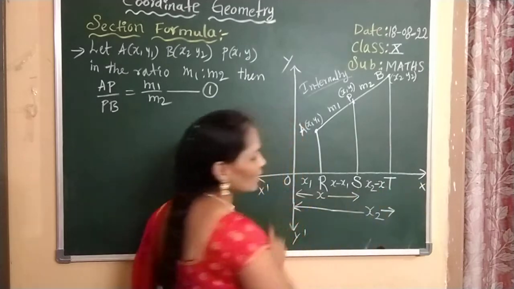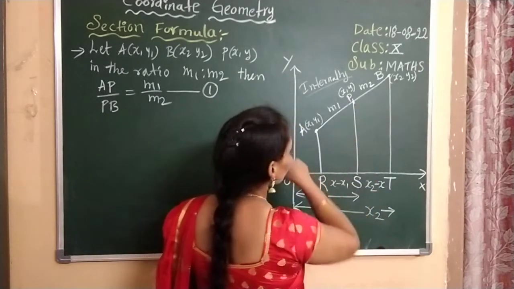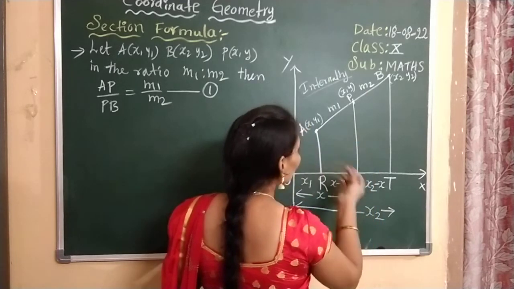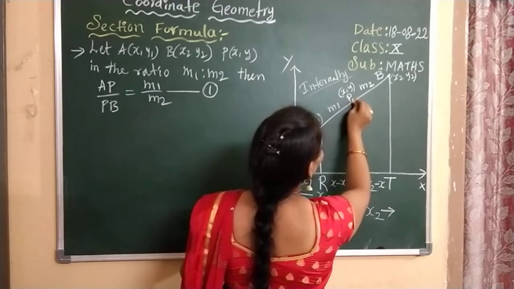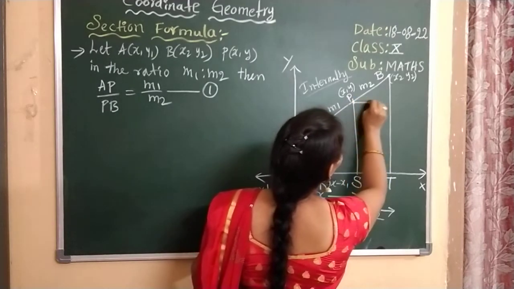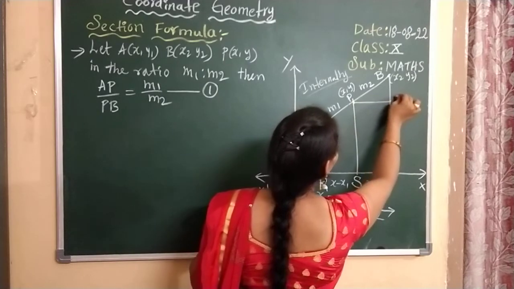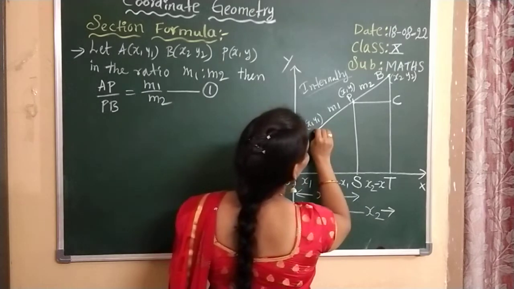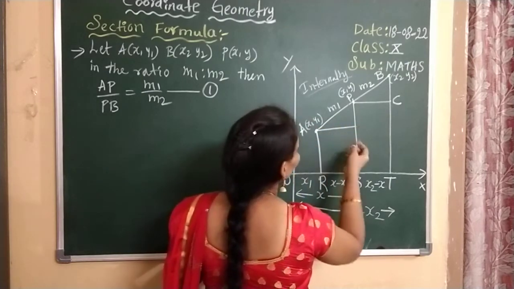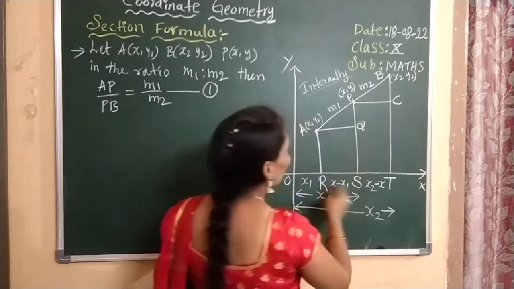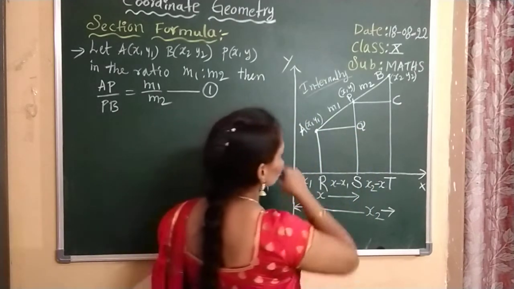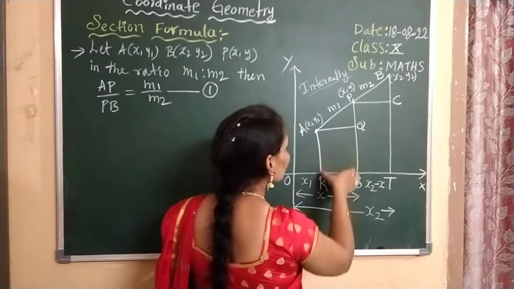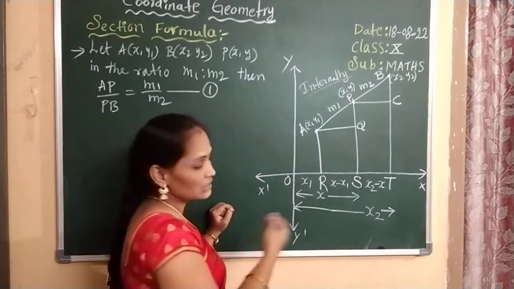This is with respect to the x-axis. Now with respect to the y-axis, one more construction: consider P, let us take here C, PC parallel to the x-axis, and AQ which is also parallel to the x-axis. Now this is a rectangle, and in a rectangle opposite sides are equal.